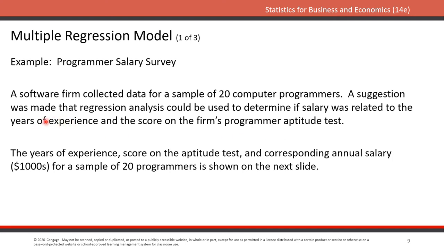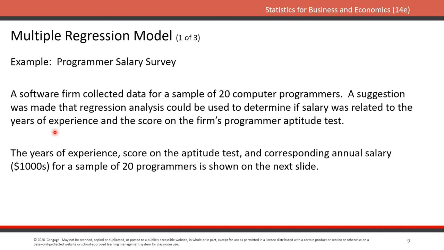Because obviously, if you're here for 30 years, you're going to have a higher aptitude. That's not what I'm trying to study. I'm trying to see, is your aptitude affecting salary outside of your years of experience? So in this case, this is a really good thing that they're taking into account. And most of the time it is, but there are a couple of unique situations where maybe it's a little bit more problematic than it is helpful.